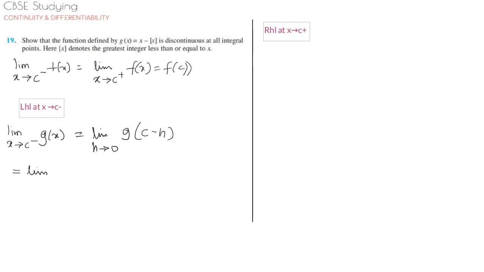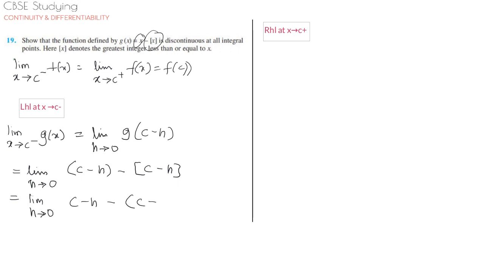So this becomes limit h tends to 0, c minus h minus square bracket c minus h, because here you have normal x and here you have it in the square brackets. Now what did I tell you? Every time you have c minus h, you're going to replace it with c minus 1 when you have to remove the square brackets.